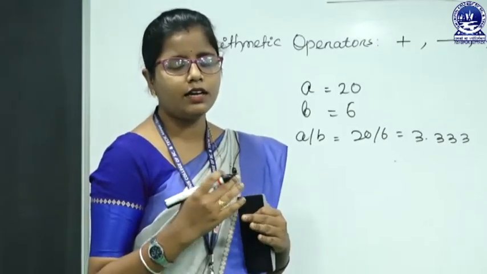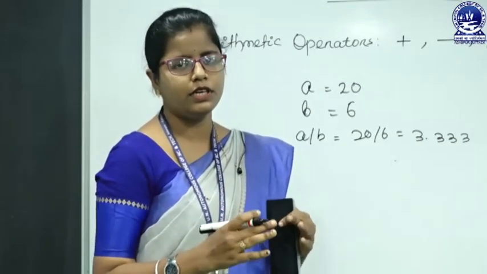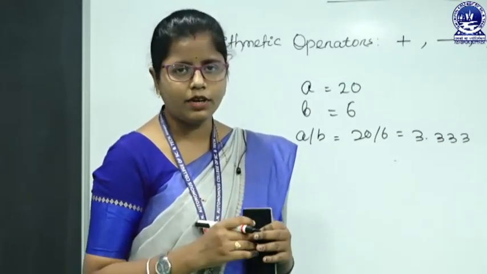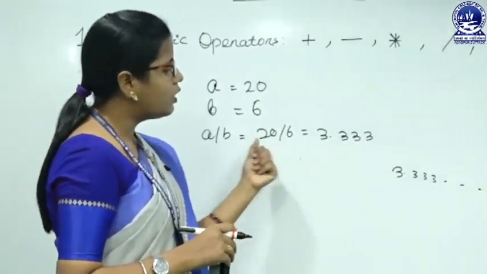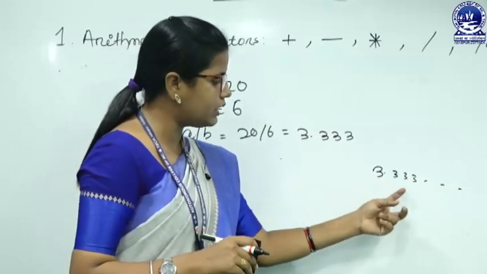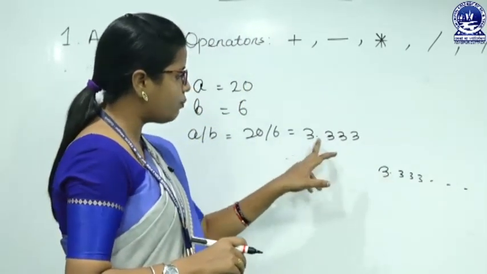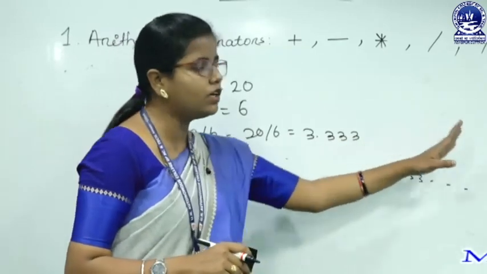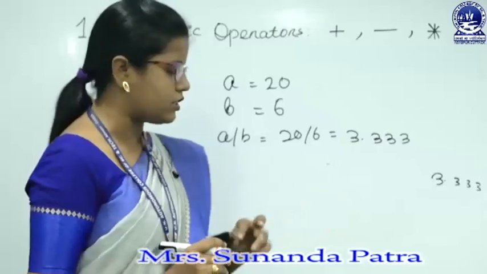When we are trying to divide a numerator by the denominator, the result will never end, that is the loss of precision. So 20 divided by 6 will result as 3.333 up to a point, and other fractional parts are getting discarded. So this is the loss of precision.